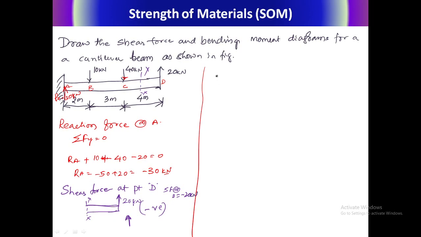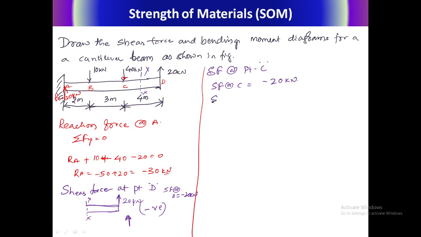Now coming to the point C, shear force at point C. In this case, it remains the same before application of 40 kilonewton. SF at C is minus 20 kilonewton.